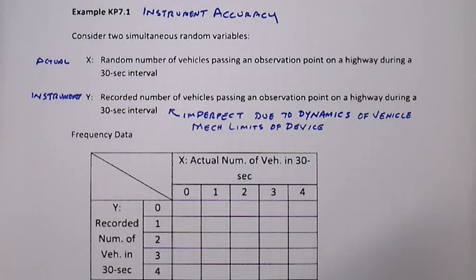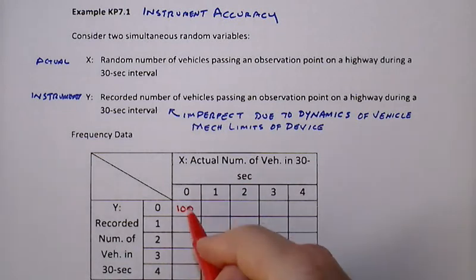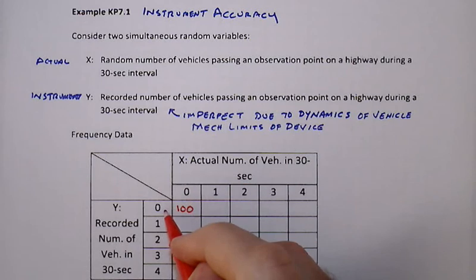And the data that we have in this specific example is that in 100 of these 30-second intervals, we've had no traffic actually happening, and we've had no traffic recorded.